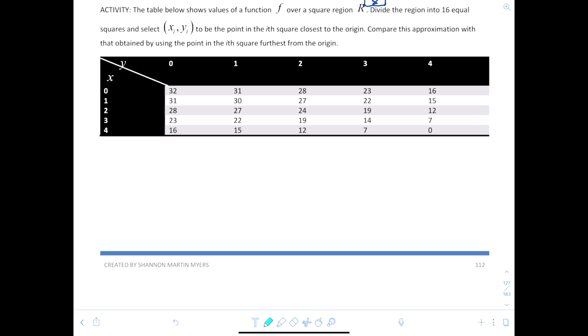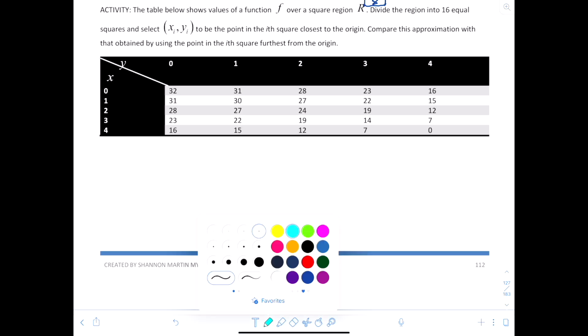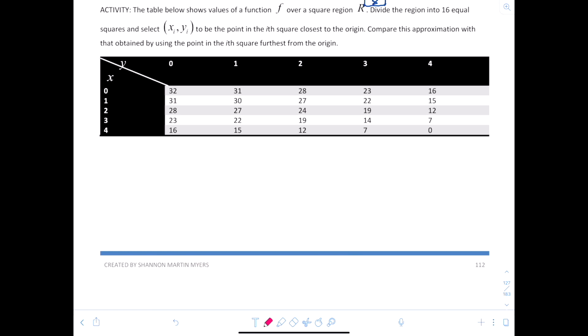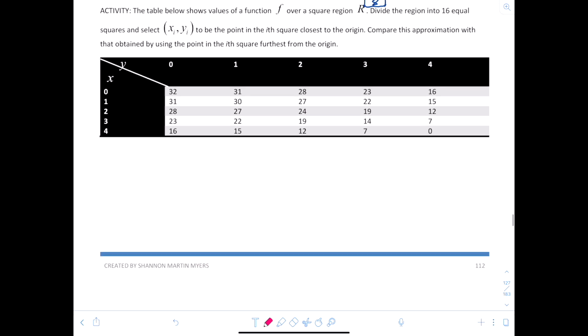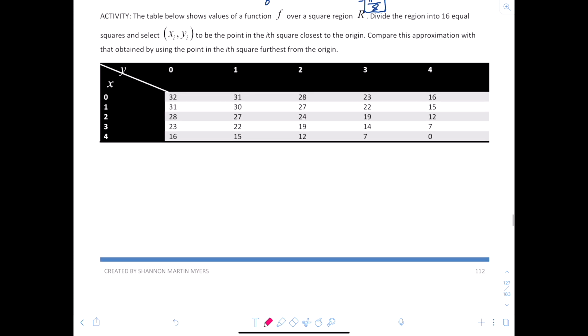And you can take it from anywhere you want in the interval. So we've got some function f over a square region R. The values in the body of the table are the heights of your right rectangular prisms.